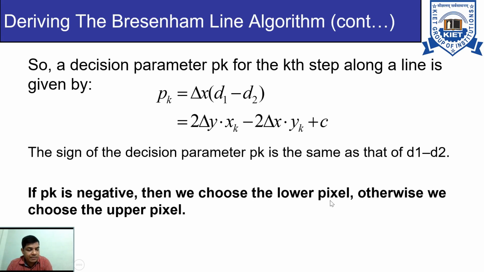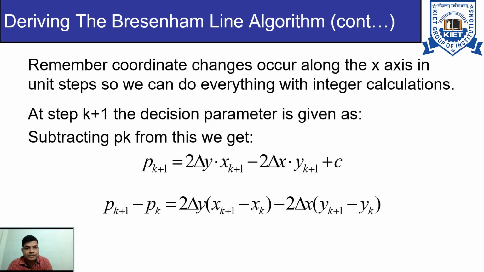Lower pixel means the pixel at xk plus 1 comma yk. Otherwise we choose the upper pixel, and the position of the upper pixel is xk plus 1 comma yk plus 1.